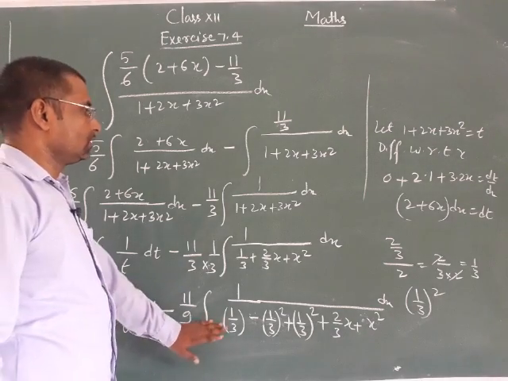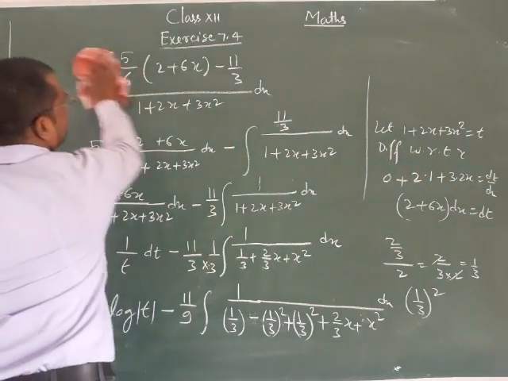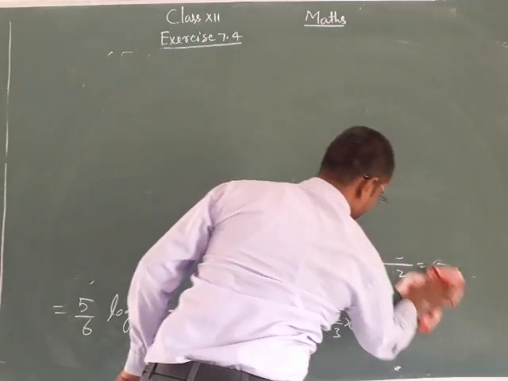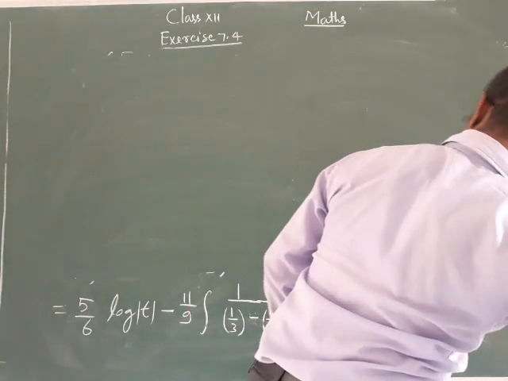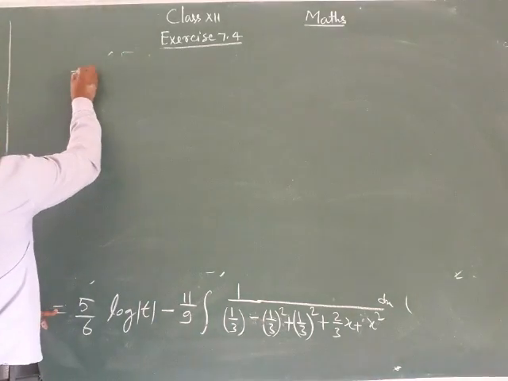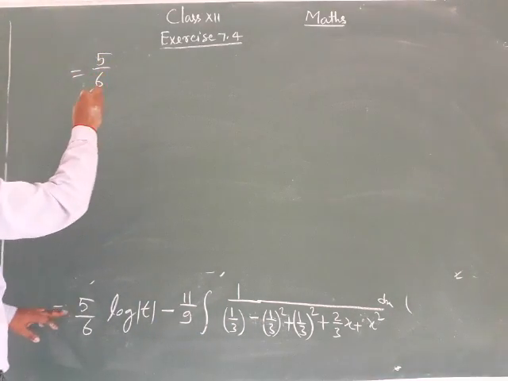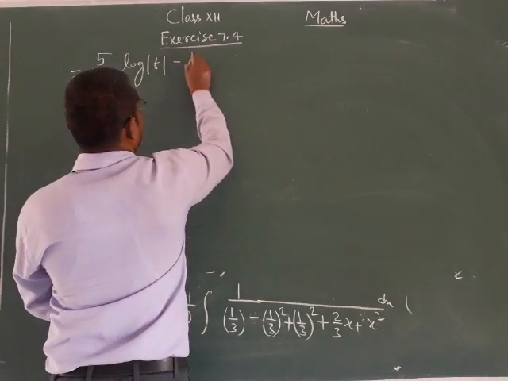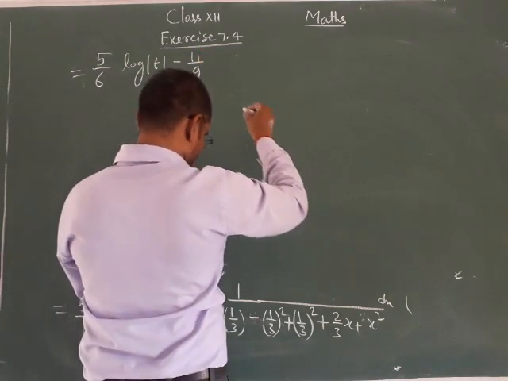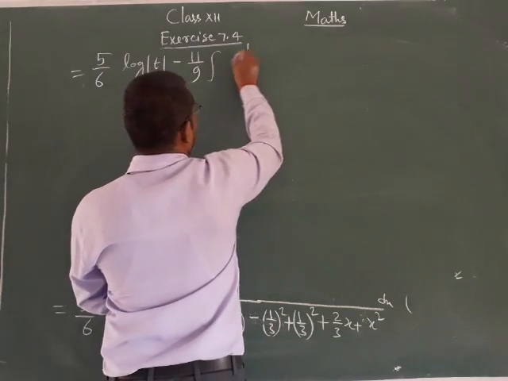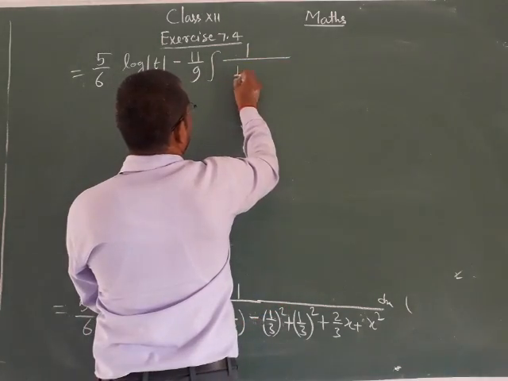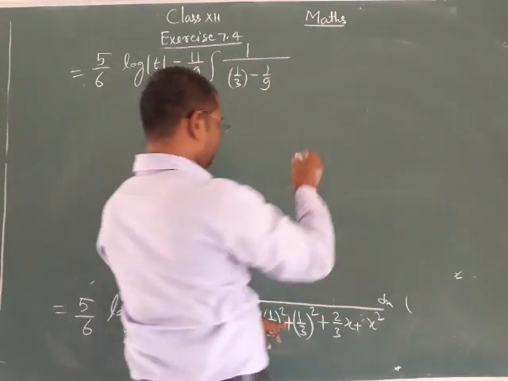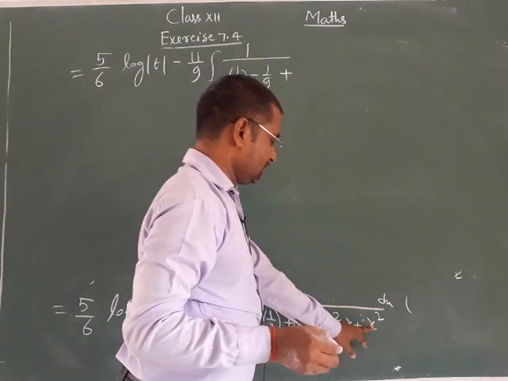Now also you can write, so we get 5/6 log mod of t and minus 11 upon 9, and also integral of 1 upon 3 and minus 1 upon 9 plus a square plus b square plus 2ab.